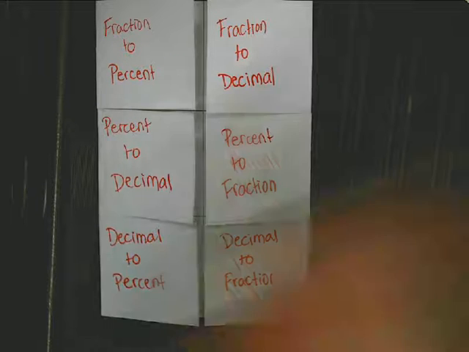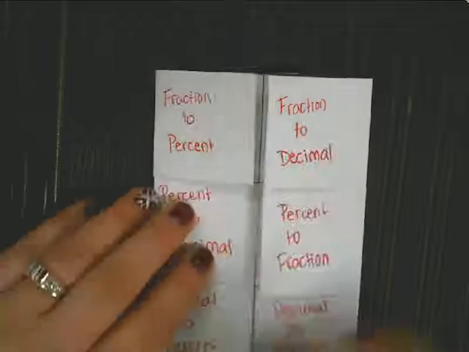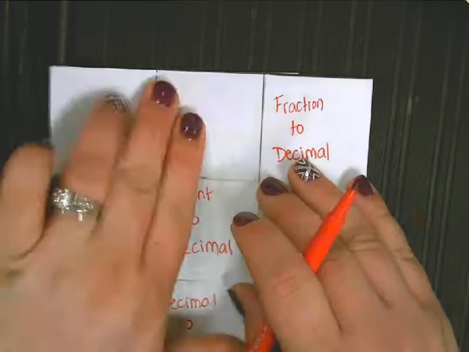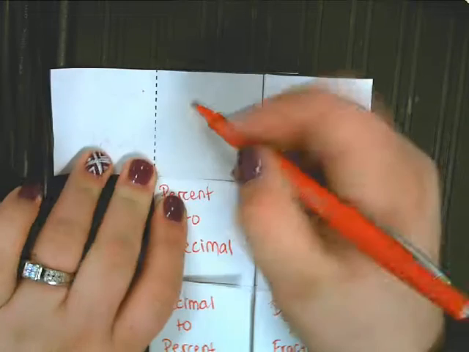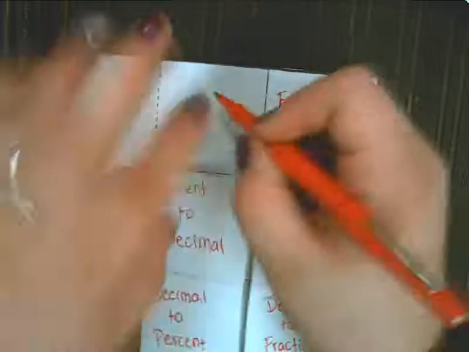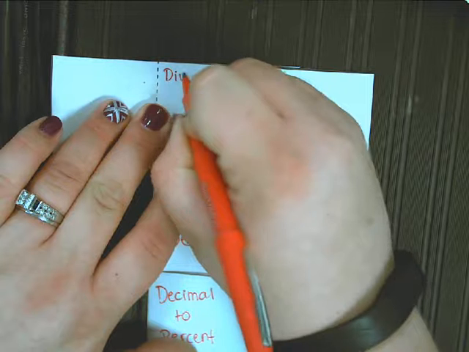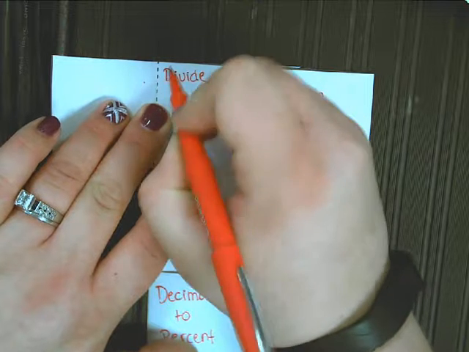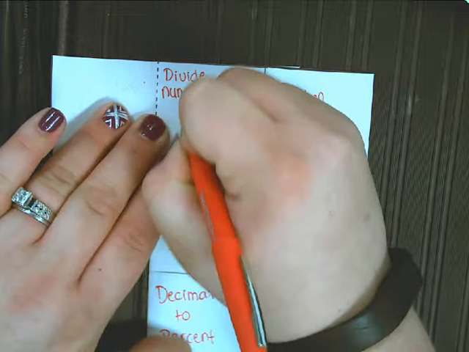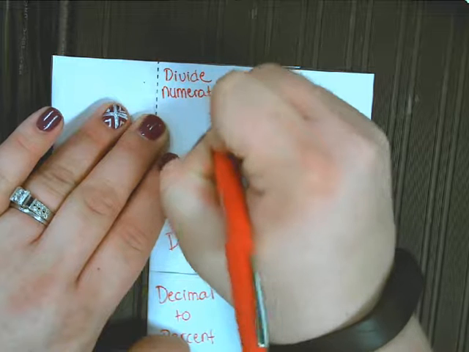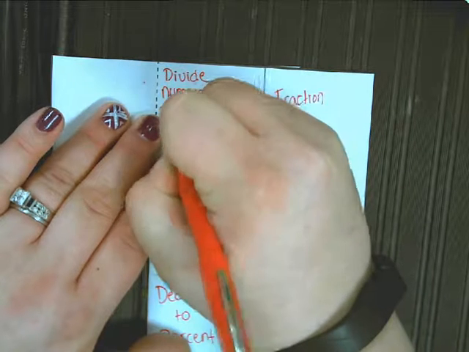Alright, so let's start with fraction to percent. So open it up, and not on the flap, but on the inside part, you're going to write the steps. Divide the numerator by denominator.